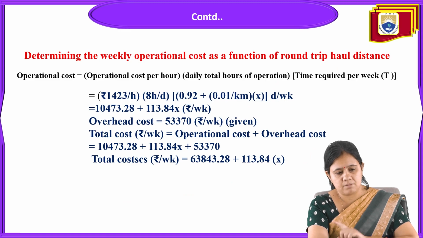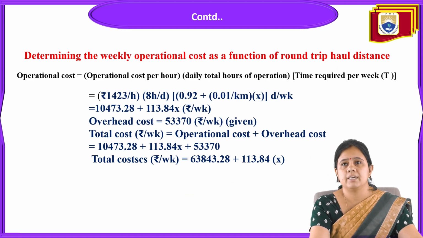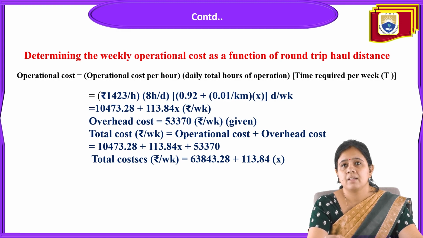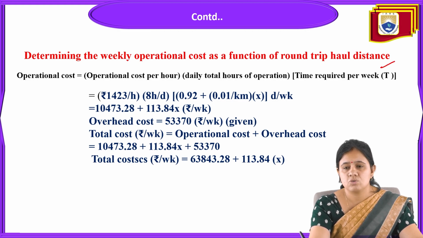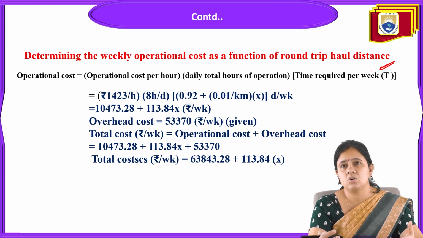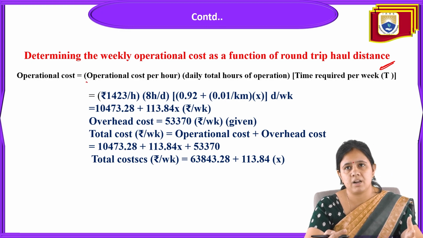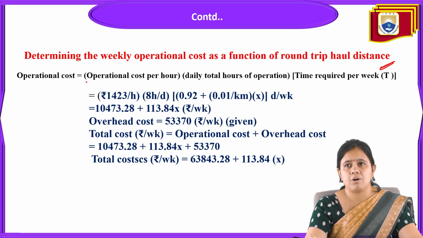Now we come to another part. We are going to calculate now for the round trip haul system how much time is required. So, determining the weekly operational cost as a function of round trip haul distance. It can be calculated like this: operational cost per hour into daily total hours of operation, upon the time required per week.